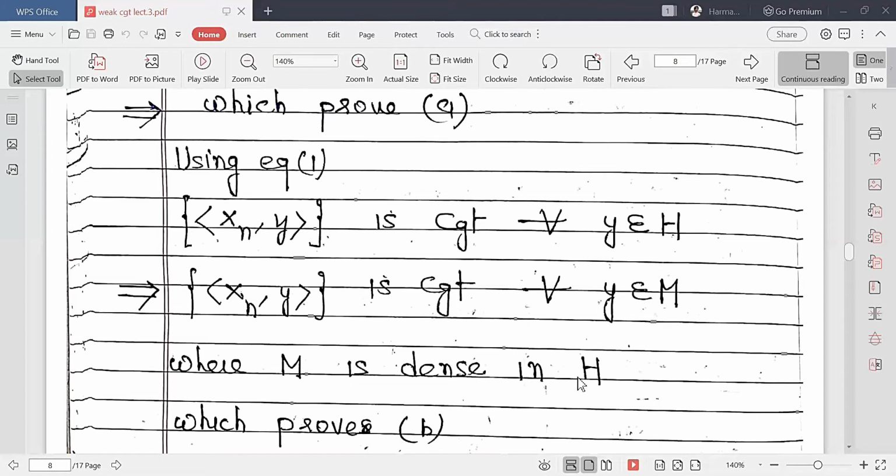M is dense in H. If M is dense in H, then the closure of M is equal to H. It means M is a part of H. If any condition is true for H, then that condition is also true for every subset of H. So since M is part of H, this condition is true for every set which is a part of H. So this condition is true for M, which proves result B.